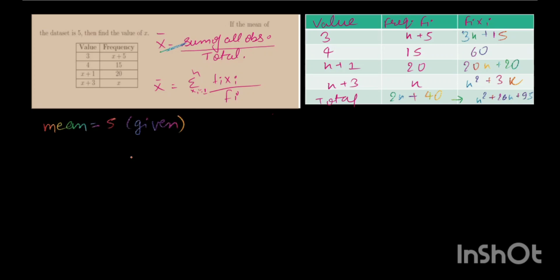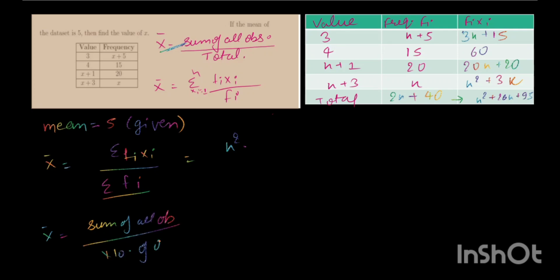Next, we know the formula for mean. Here it will be summation fi(xi) divided by summation fi. We all know that mean is equal to the sum of all observations upon the total number of observations.